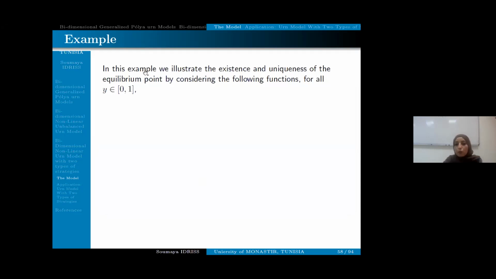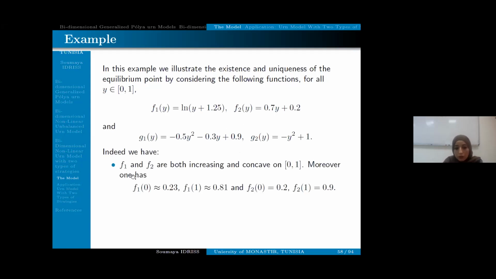In this example, we will illustrate the existence and uniqueness of the equilibrium point. By considering these two functions, f1 is given by this concave function, f2 is given by this linear function, and g1, g2 are given as follows. The functions f1, f2 are both increasing and concave. They satisfy the boundary conditions.